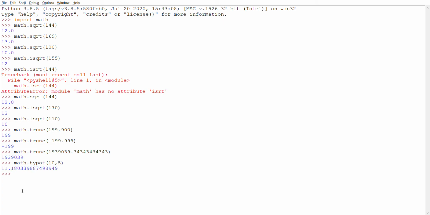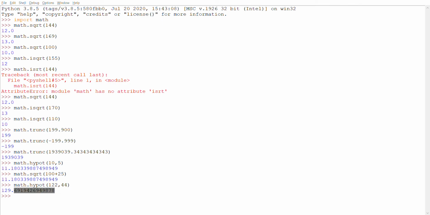It will give 11.18. Let's verify with square root: 100 plus 25. You will get the same result. See, both are matching, right? You can check on your side also with other values. You check on your end also.